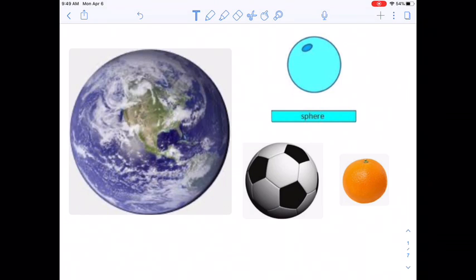So the size of the shape doesn't decide what its name is, and the color of the shape doesn't decide what its name is. Its characteristics or its attributes, the things that describe it, like faces, edges, and vertices, is what decides the name of the shape.